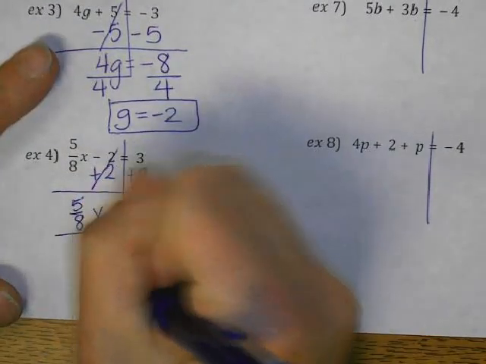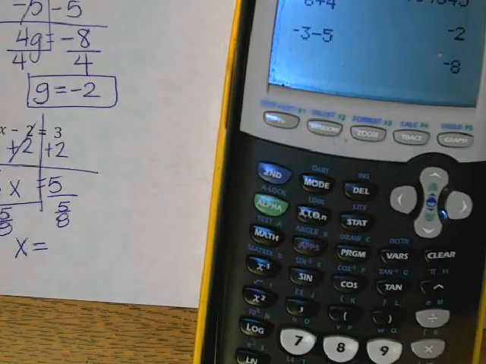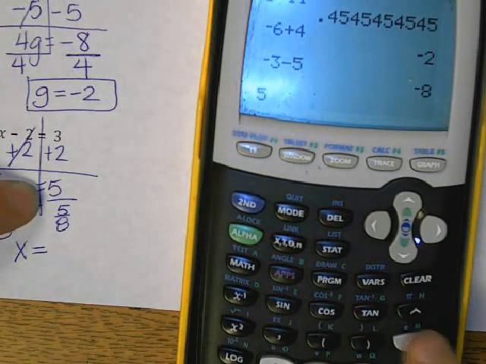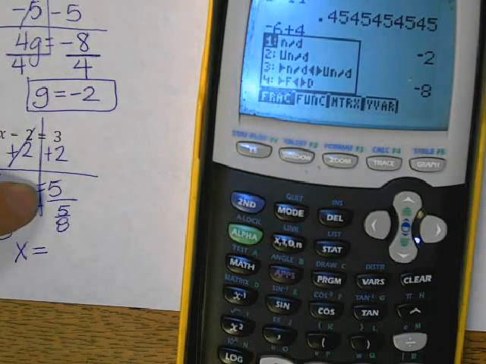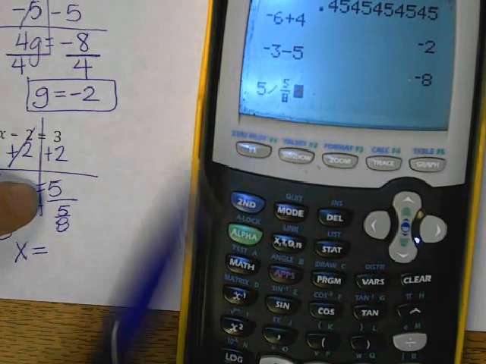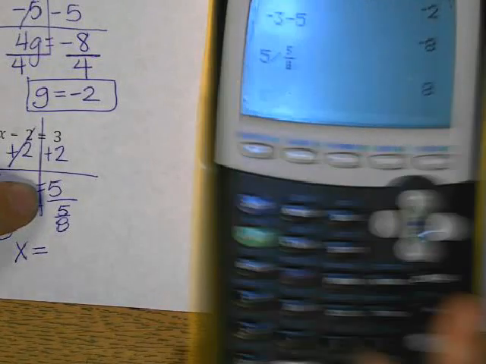Okay, that gives me x equals, and I can go to my calculator and I can type 5 divided by, and remember you can make a pretty fraction on your calculator, alpha y equals enter, and then 5/8. So now I have 5 divided by 5/8, and that gets me 8.